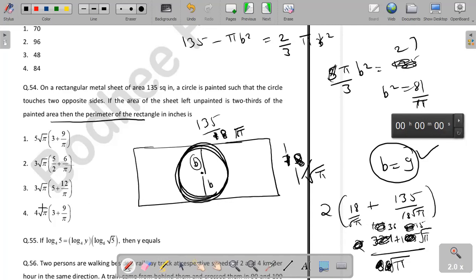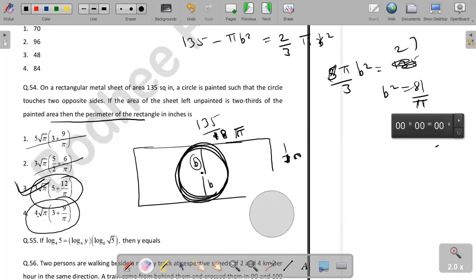So from which choices am I getting 36? Is there any choice? 36 is here, 12 into 3, not there, not here, and 1 is there. So 4 plus 3, 12, 15. So I literally want 15. So option 3 should be the right answer.